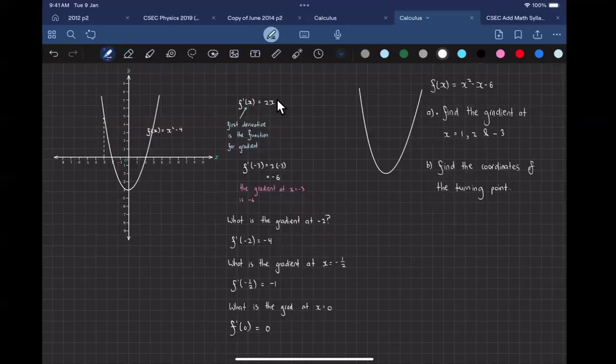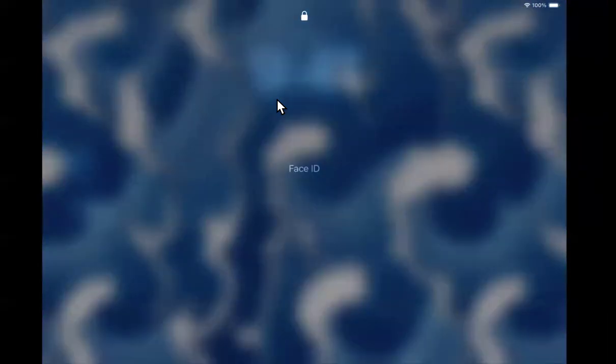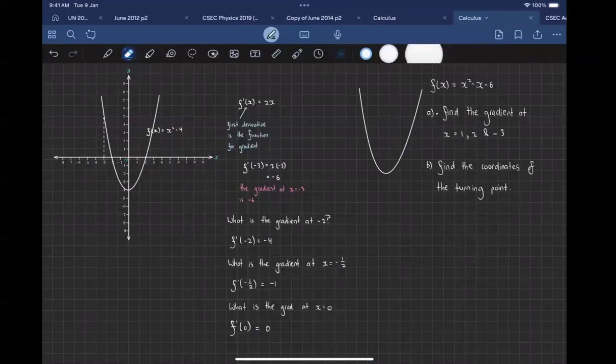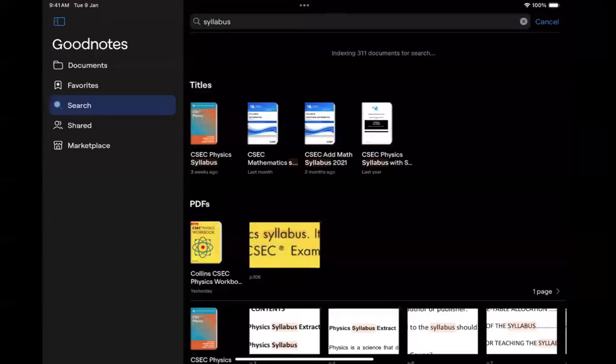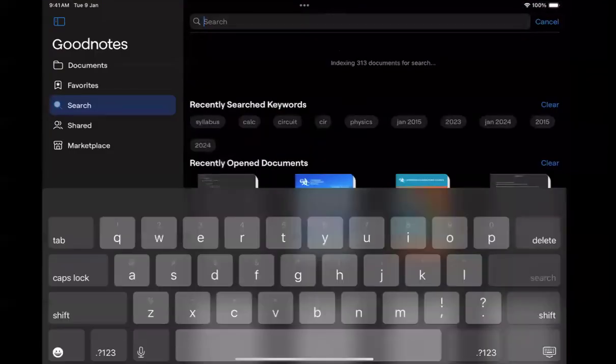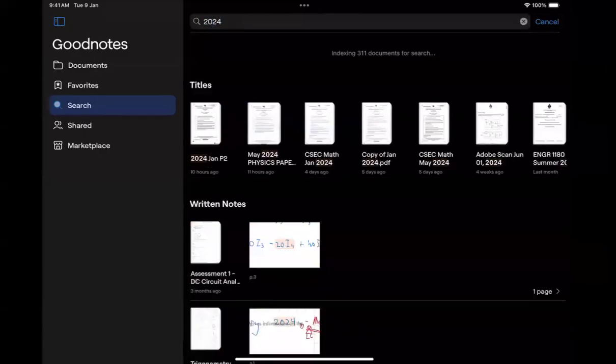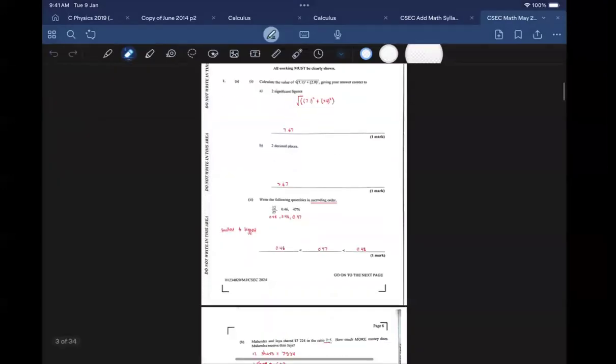Did you do that in school? I don't think that had come up before the 2024 paper caught everybody off guard. So now I'm making sure to do it with my classes. I never did this before. A lot of teachers will do it. But it came up in CSEC math, May 2024.